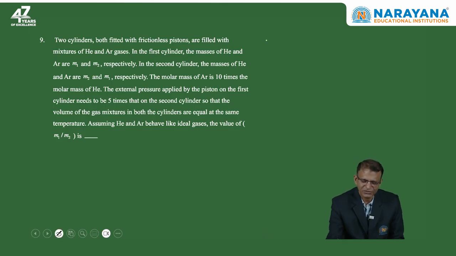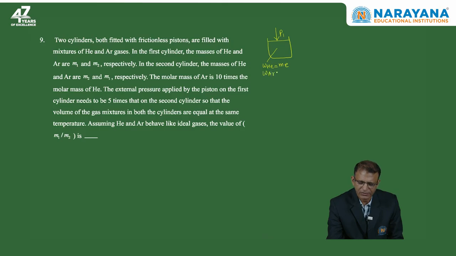If we try to draw a diagram to understand this problem, there are two cylinders, and the pressure applied on the first cylinder is P1 and it contains helium gas. The mass of helium gas here is M1 and the mass of argon gas is M2, that is, M1 and M2 are the masses of helium and argon gas respectively.